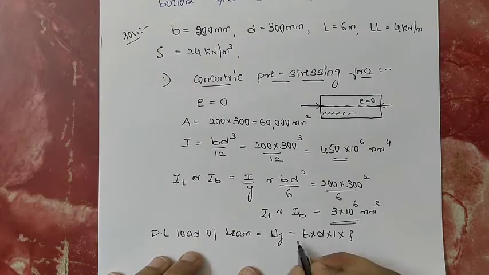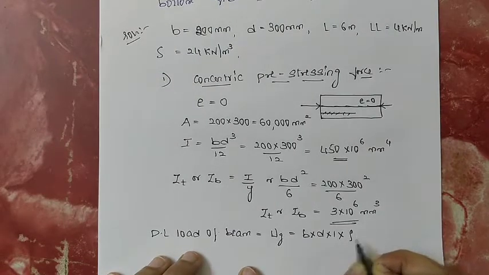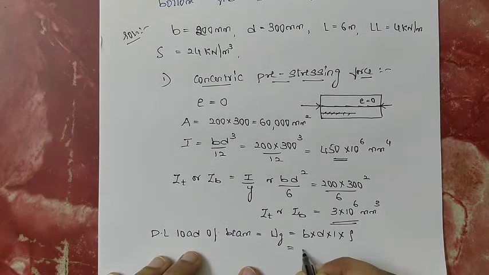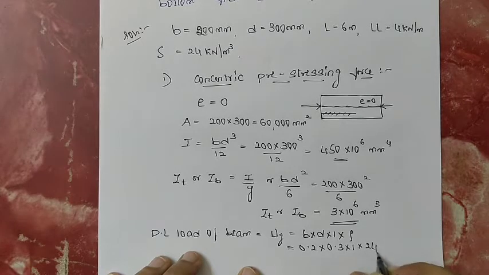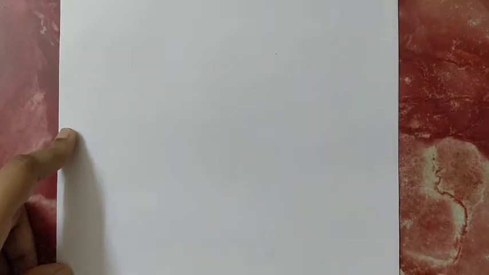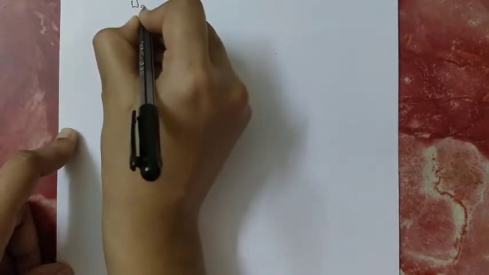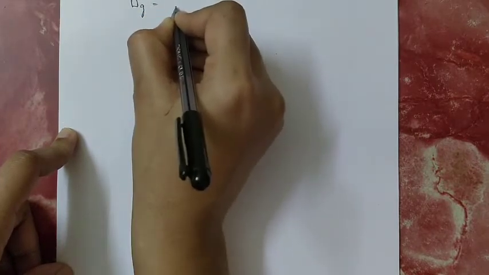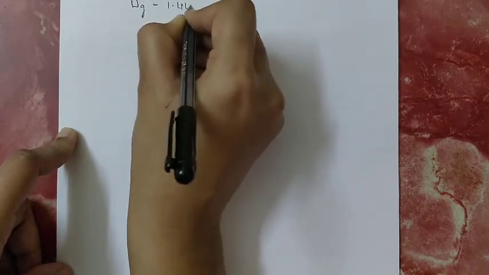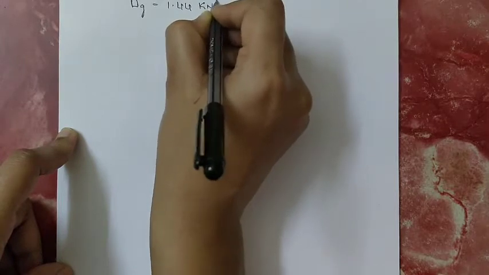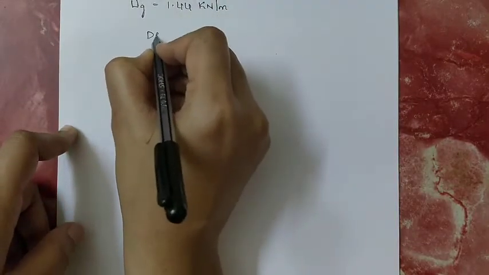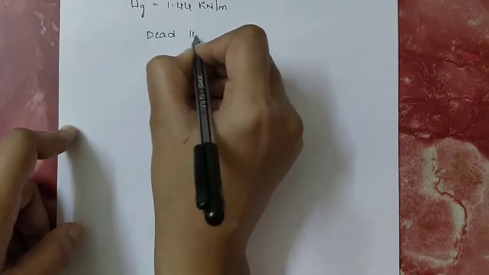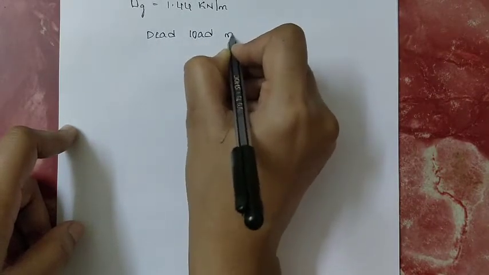Substitute the value, that is B value 0.2 into 0.3 into 1. The density they have given as 24. You will get dead load WG as 1.44 kilonewton per meter.